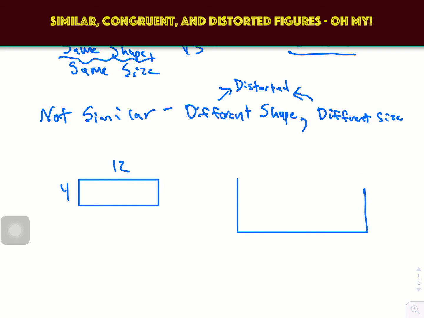So for example, our rectangle in this case is, let's say, 30 by 10. So the question would be, are they being multiplied by the same scale factor?